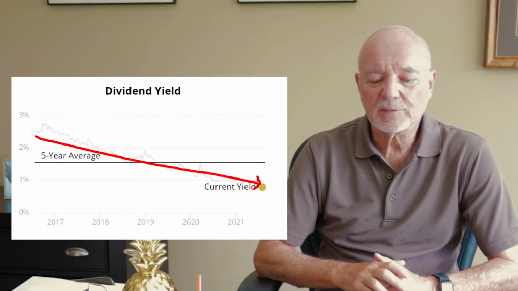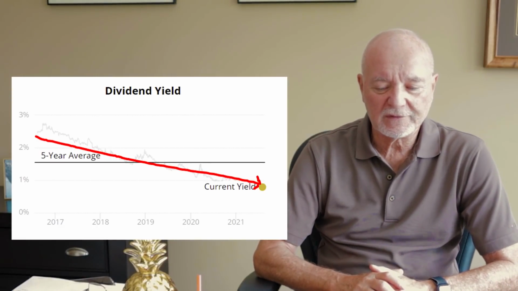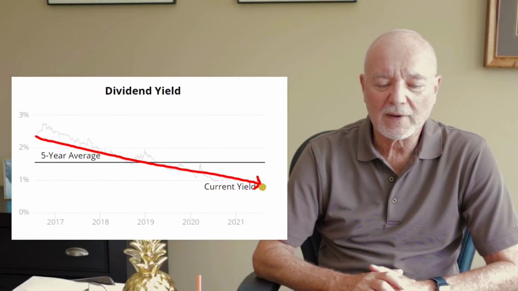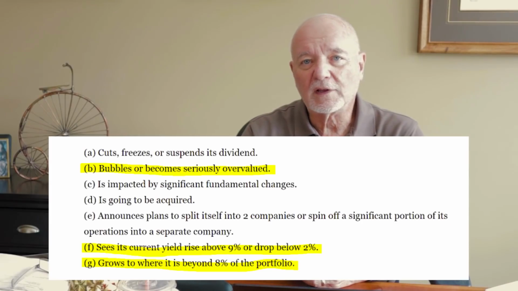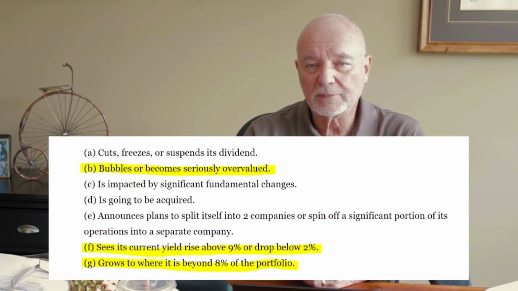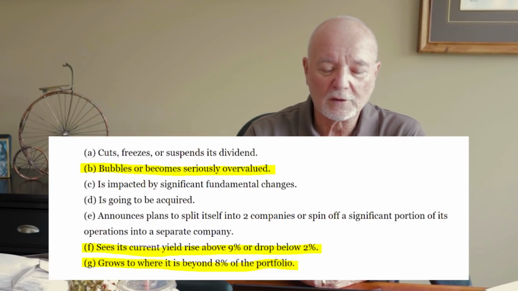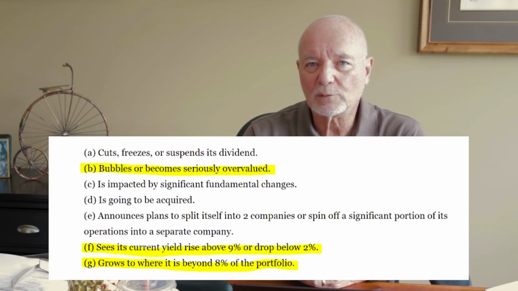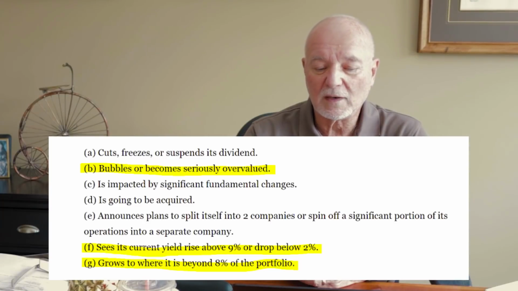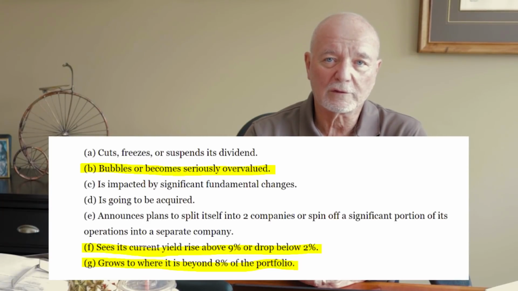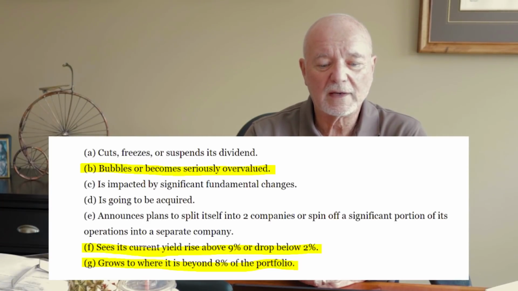My business plan designates several circumstances that call for possibly selling or trimming a position. This display is a piece of my business plan for my portfolio, and I've highlighted 3 reasons that apply to my decision to trim Microsoft. Reason B is if a stock bubbles or becomes seriously overvalued. That has happened to Microsoft.